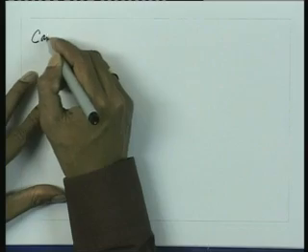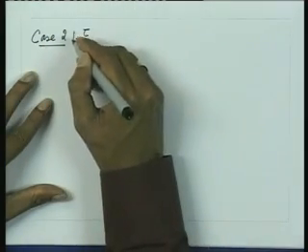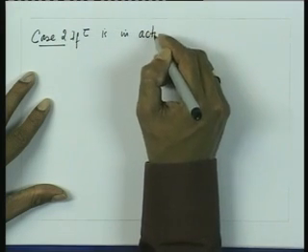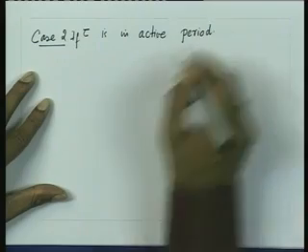We will now try to prove the second case, when tau is somewhere in the active period. So case 2 is when tau is in an active period.